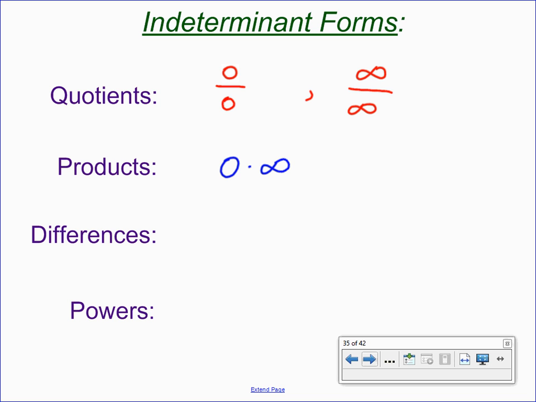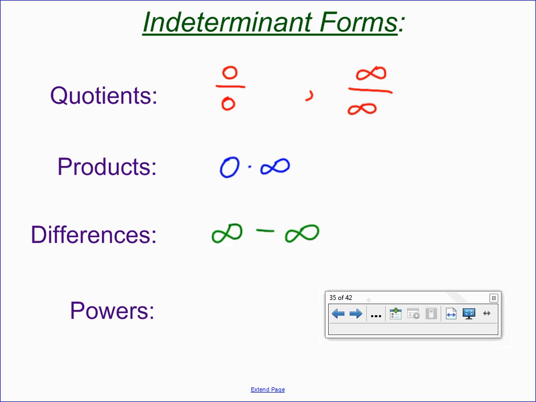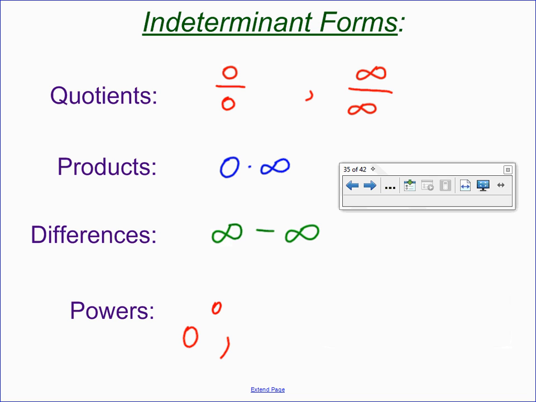We have a single indeterminate difference, infinity minus infinity. And we have 3 indeterminate powers: 0 to the 0, infinity to the 0, and 1 to the infinity.